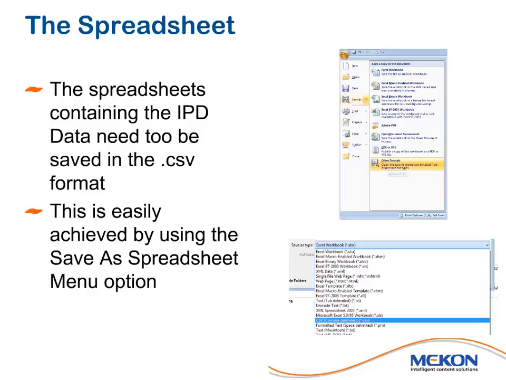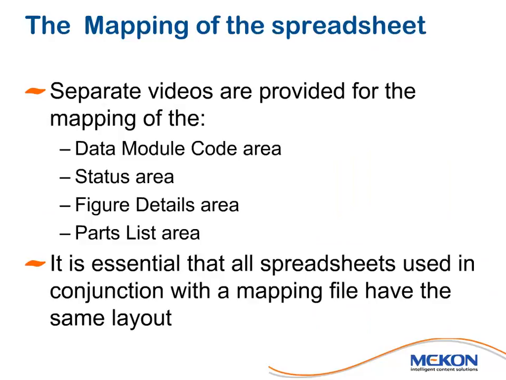So I've just demonstrated it here on the slide, and we can see that we've gone to other formats, save as, other formats, and then we've chosen the .csv format, comma separated, and we just save it like that, and it's then directly suitable for use with the IPD Builder.